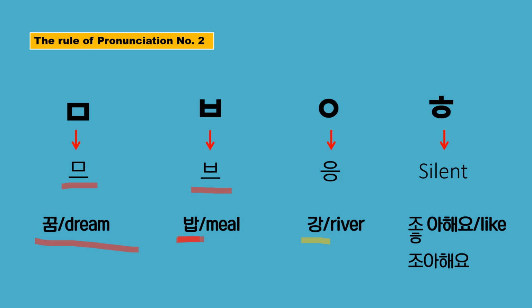Here, 이응 here is silent. Silent. Okay? So the 이응 here is removed. Alright? So 좋아해요. 좋아해요. Like.